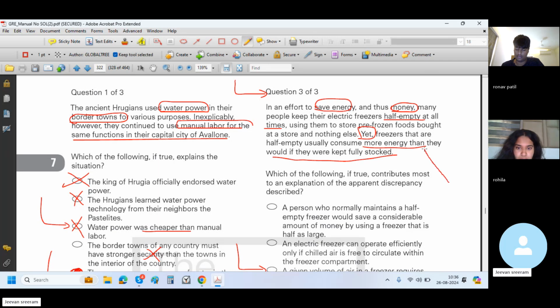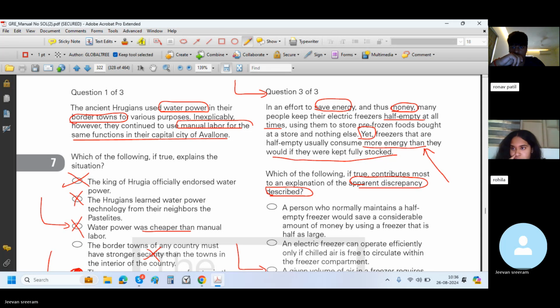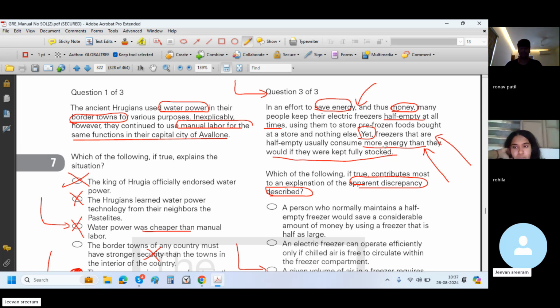So the right option must resolve this apparent discrepancy described. Discrepancy, this conflict. Generally people do this, but actually this is the fact, right, buddy? Yes. People generally do this, but this is the fact. The author believes this is actually the case.